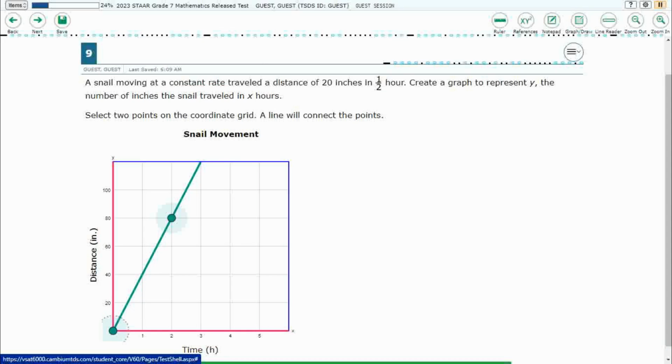Any of these work because they are going to be on that exact same line with that same constant of proportionality. Now if I drag it over here, that's going to change it. So I could have my 1, 40, I could have my 1/2, 20, or I could have my origin 0, 0. I can even move this all the way up here, up to that 3, 120, and it's all going to work. So that is my answer.